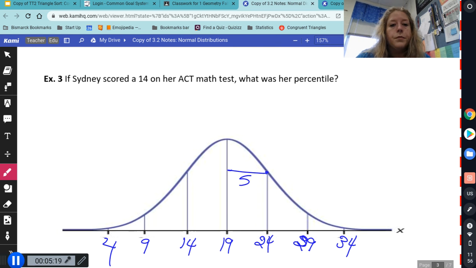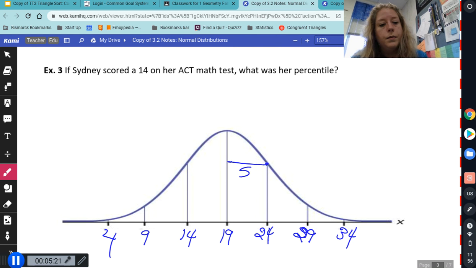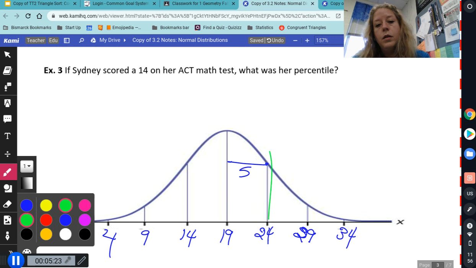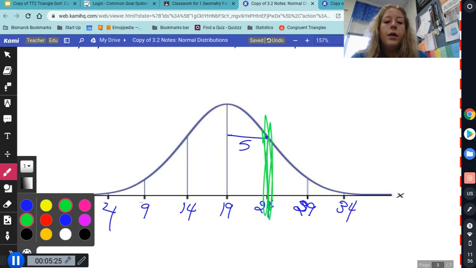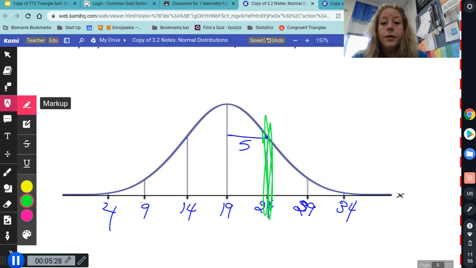Okay, so if Joe got a 24, he's right there. How many people are less than or the same as him? So how many people are in this section of graph?